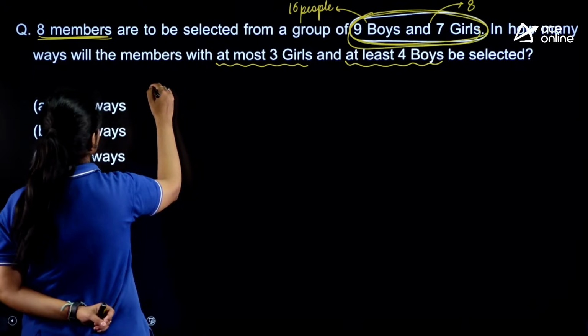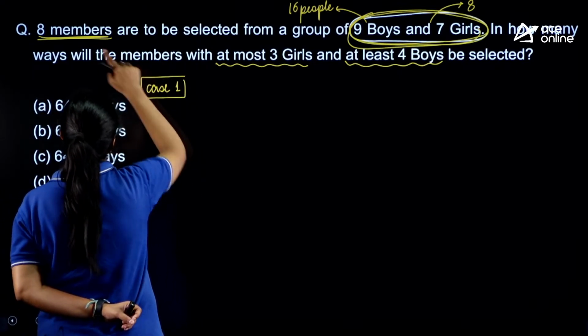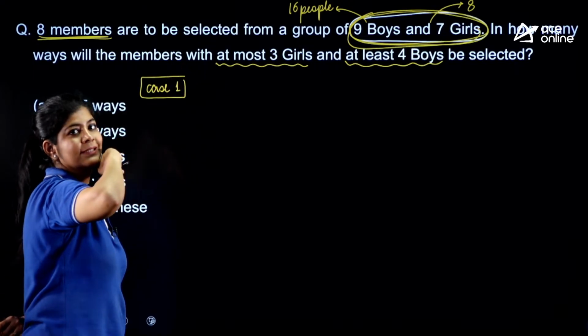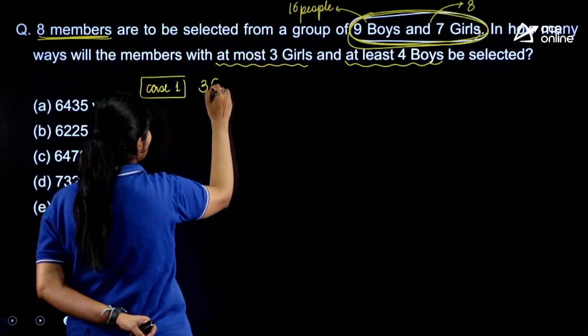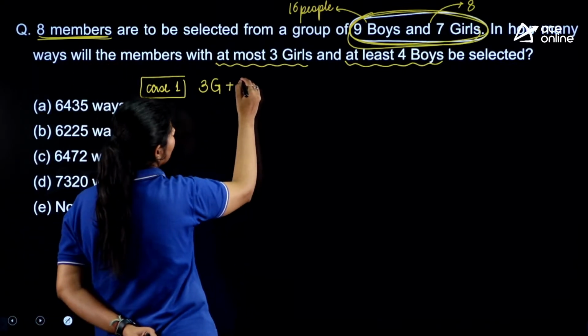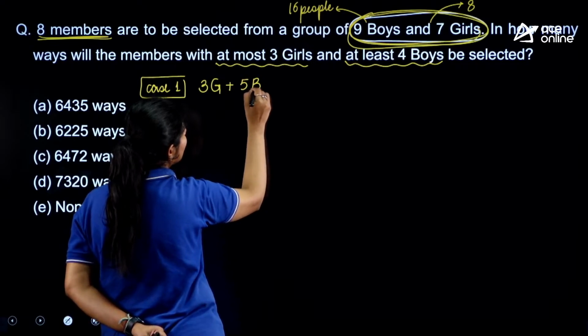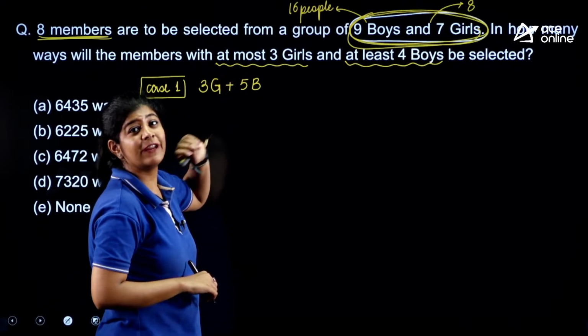Okay, case 1. I need a total of 8 members out of 16 people. So at most 3 girls, I took 3 girls, and just to make it 8, I need to add 5 boys in it so that I can make a group of 8 people.